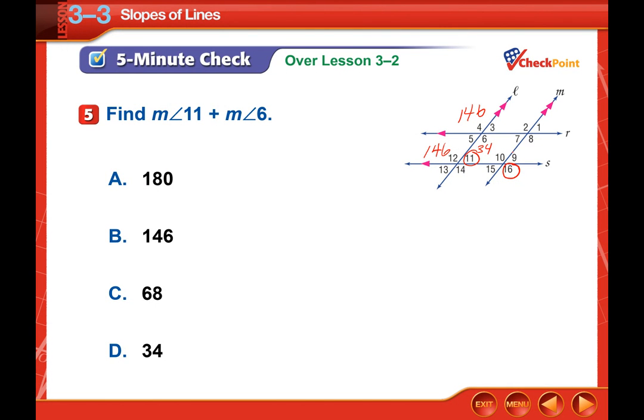They're congruent because they're corresponding angles. That means that angle 10 is 146. And if angle 10 is 146, 16 is a vertical angle, so 16 is also 146. So angle 11 and angle 16 together make up 180.